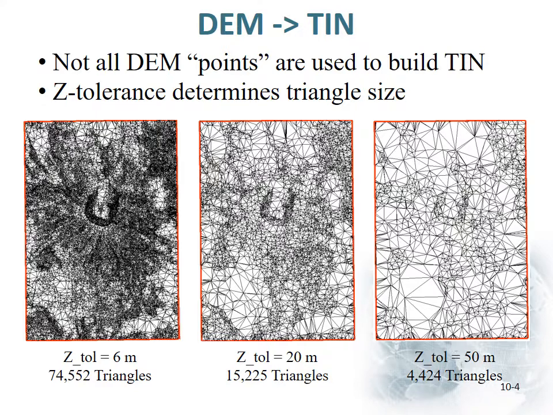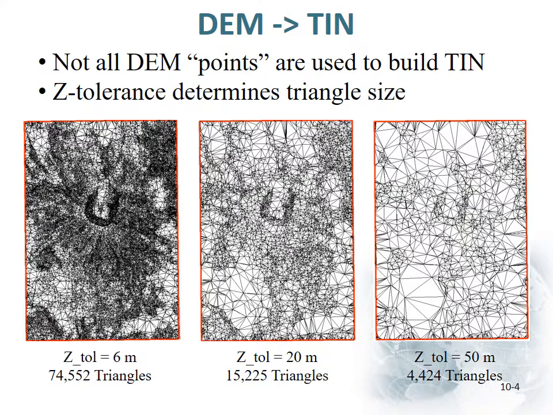So we use a Z tolerance to determine triangle sizes, which is basically going to be selecting the points that are created from the grid cells. How far away is it going to go to sample to find those in terms of elevation change in order to create a facet?